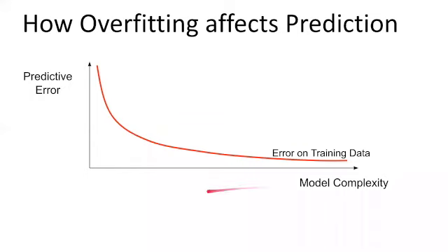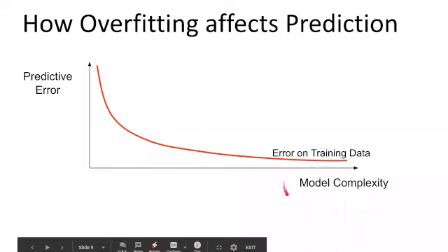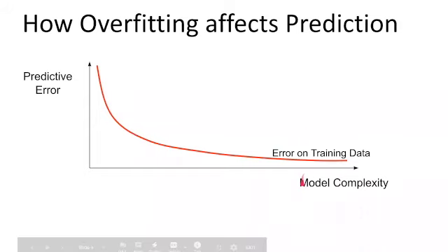For the example we just had, the complexity is associated with the order of the polynomial. A seventh order polynomial is more complex than a linear function, which is the first order polynomial, and the second order is a quadratic function. So the complexity correlates with the order of the polynomial.